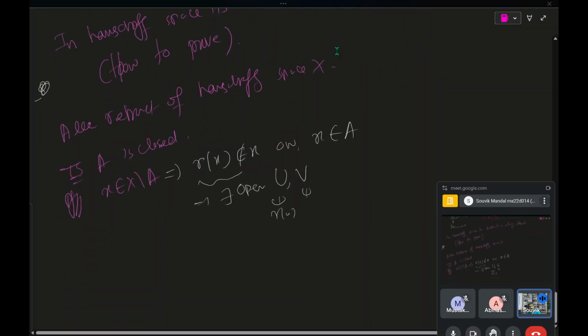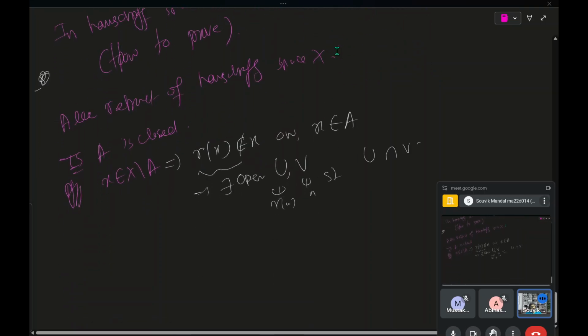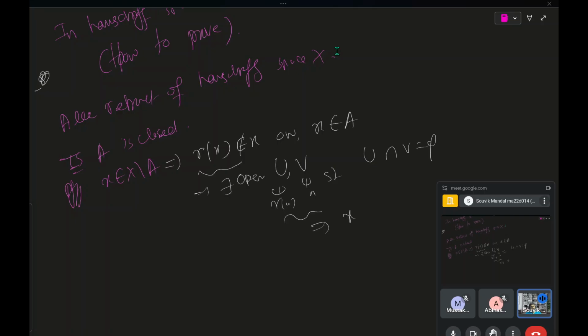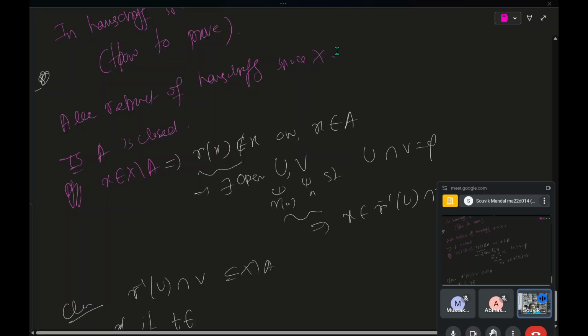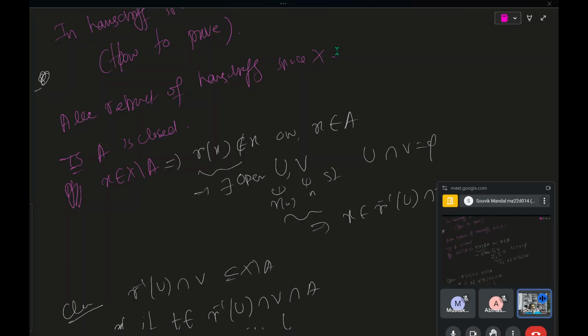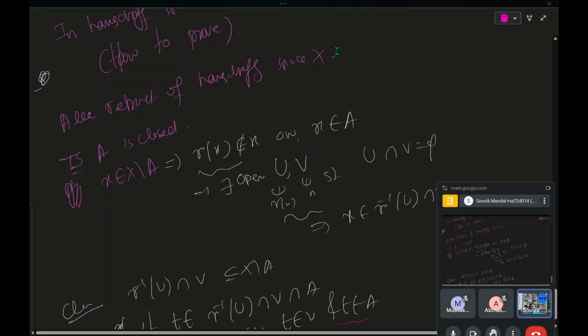These two things together tell that x belongs to r inverse of U intersection V. Now the claim is that r inverse of U intersection V is a subset of X minus A. Because if t belongs to r inverse of U intersection V intersection A, this implies r(t) belongs to U, t belongs to V, and t belongs to A. Then t belongs to A gives r(t) is equal to t.